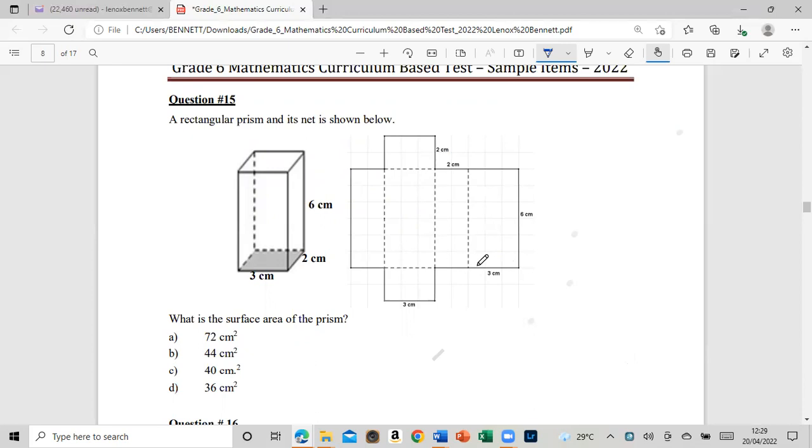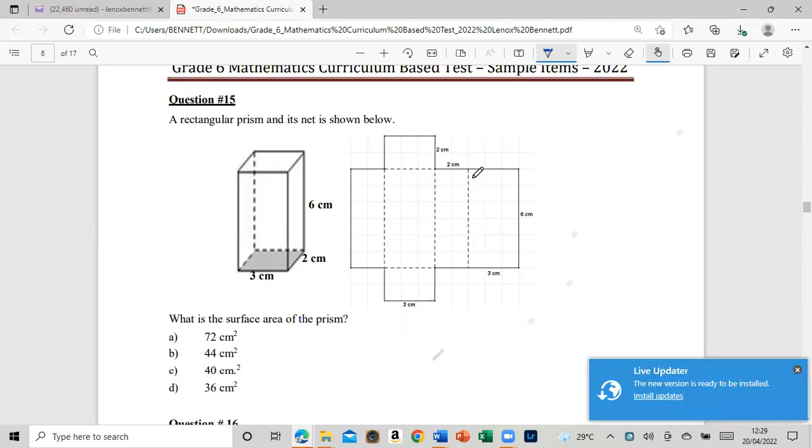All right, so the length is going to be 6, right? So this will be 6 by 3. I'm going to try to do it both ways for you guys. So that's 18, 2 by 6. So that's 12. So really awesome though.